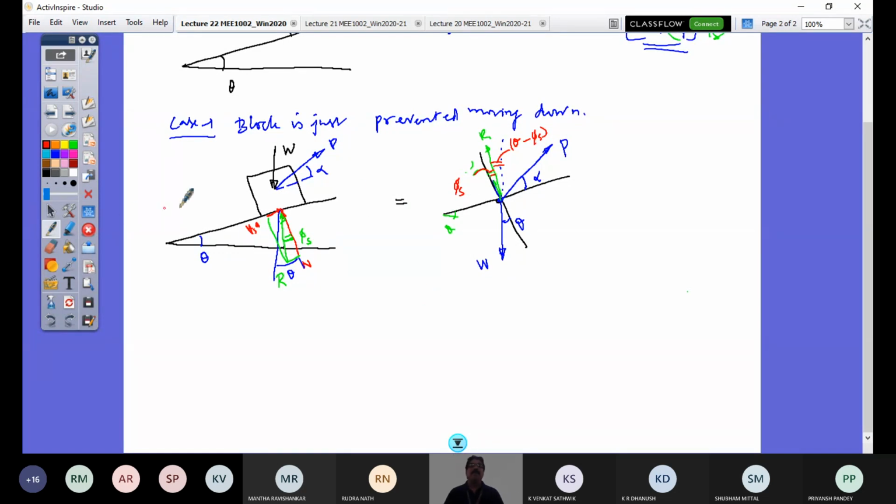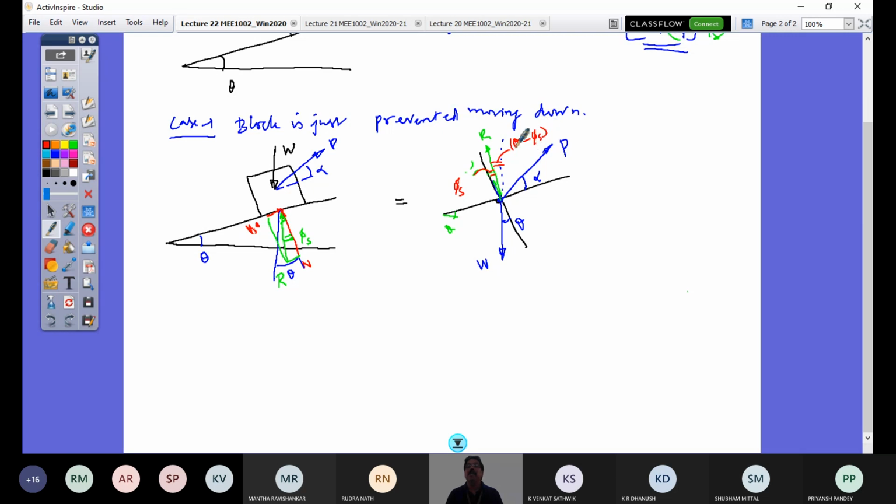See, look at this diagram. Why do I do that? To apply Lami's theorem. In this diagram, this is my R, right? R to the normal is phi s. The angle between reaction and vertical is theta minus phi s. That's what is correctly marked.